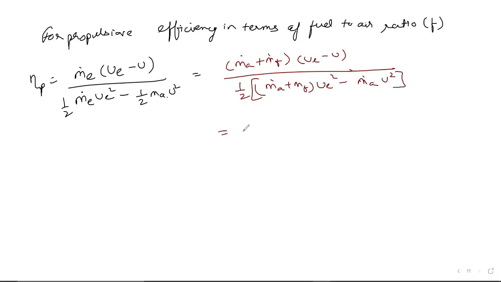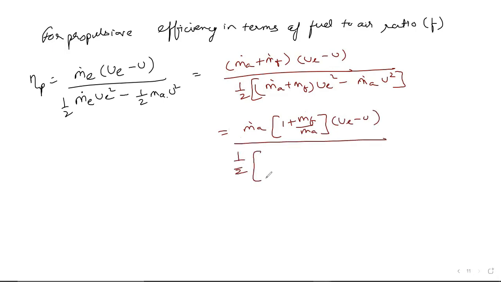Then take MA common, so it will be 1 plus MF by MA, then UE minus U, divided by 1 by 2, take MA outside, then 1 plus MF by MA, UE square minus U square.